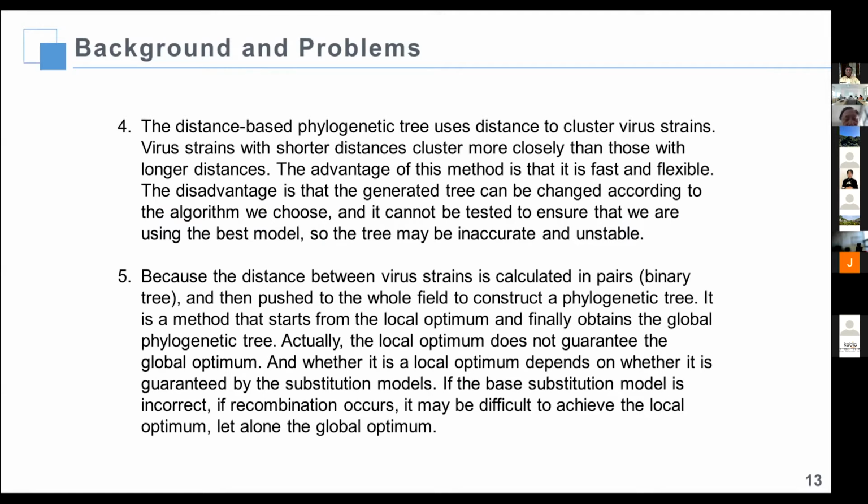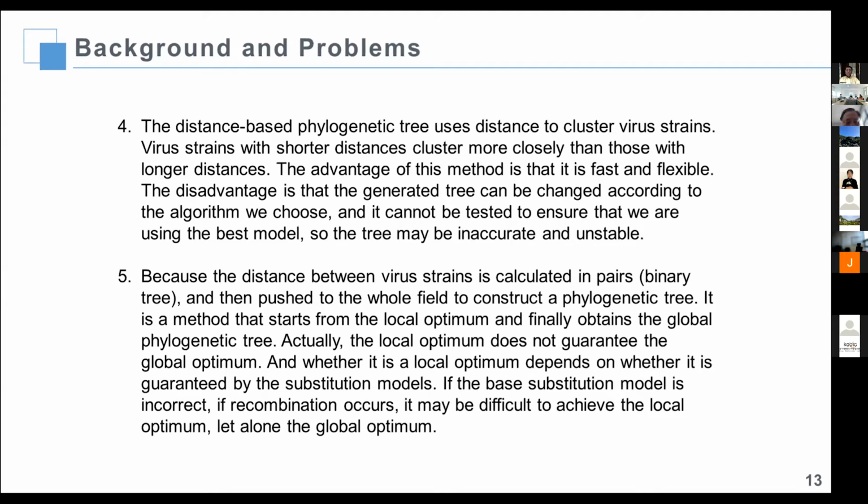The disadvantage is that the generated tree can change according to the algorithm we choose, and it cannot be tested to ensure that we are using the better model. So the tree may be inaccurate and unstable.